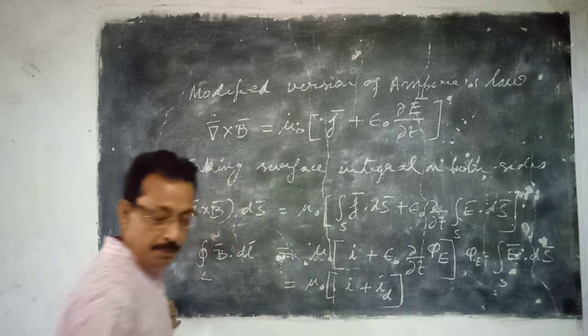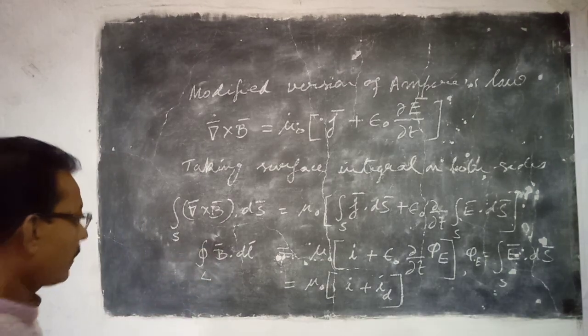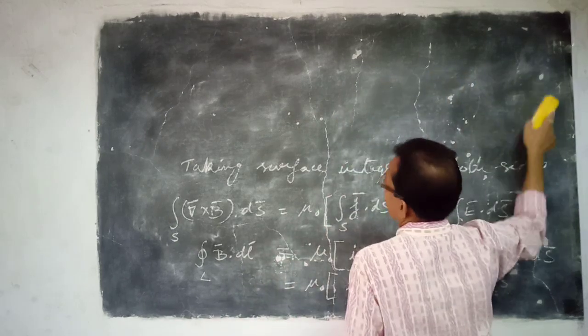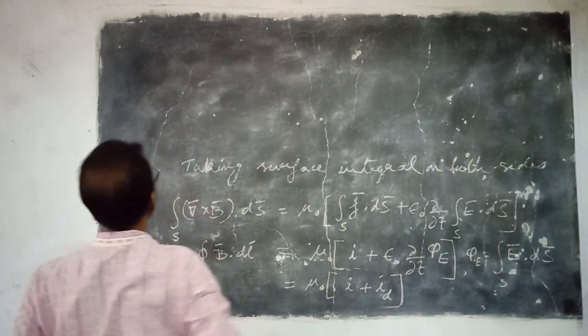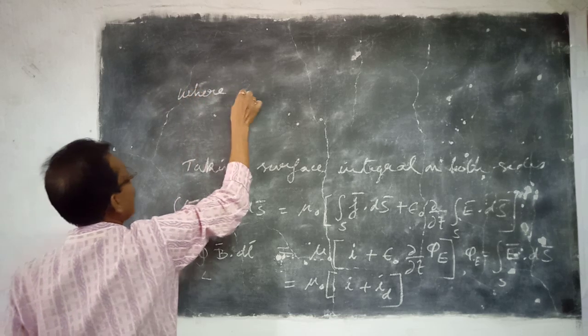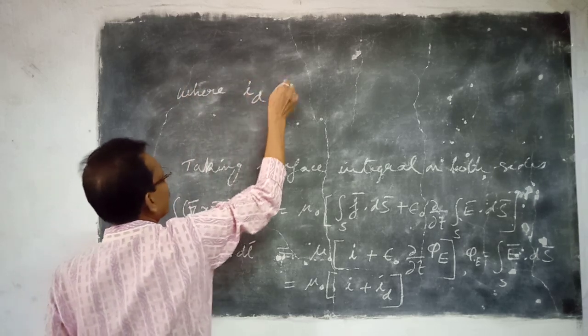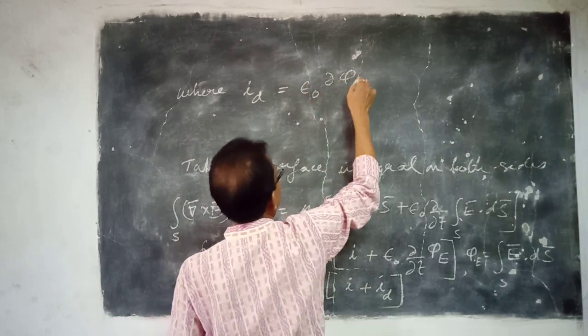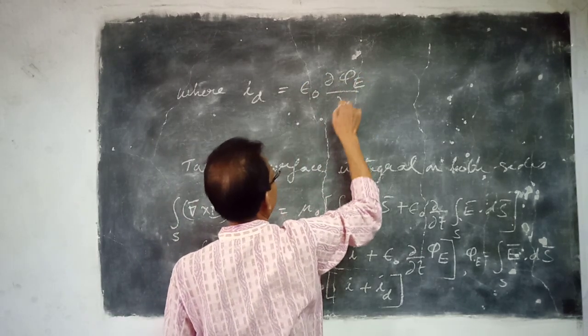This I d is called the displacement current, where I d is epsilon 0 del phi E del t.